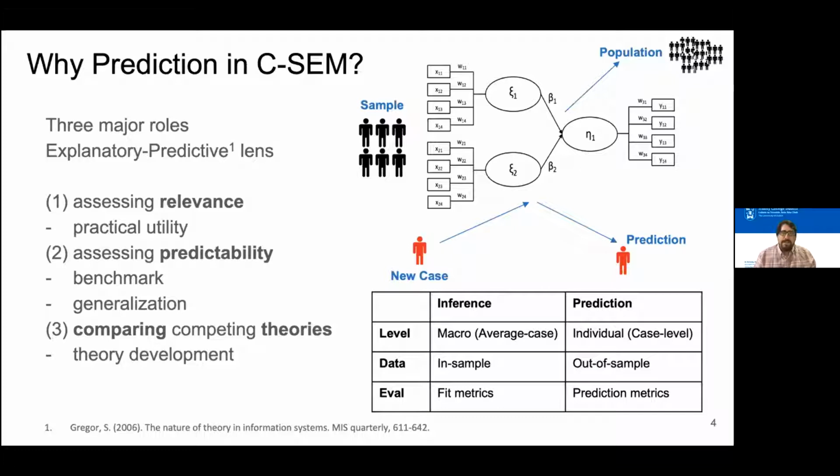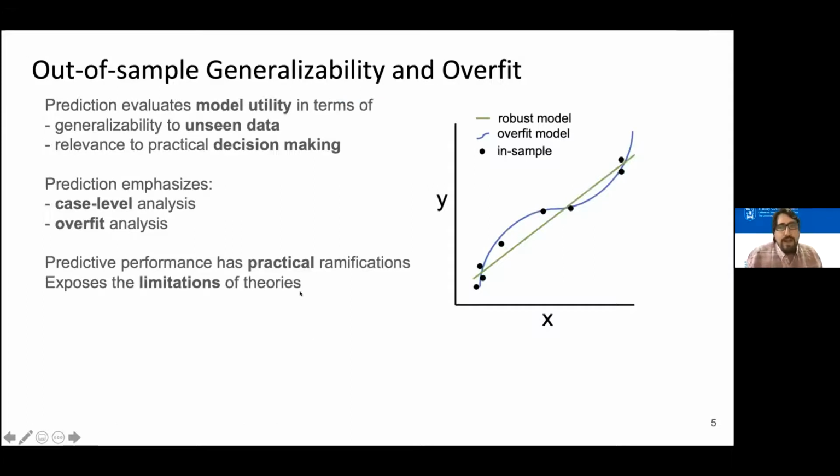So I've discussed some motivations about why prediction is important in general and why it's also important for composite SEM. So let's look now at the way that overfit and generalizability can manifest in our models.